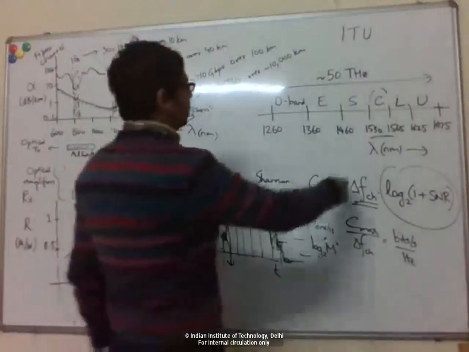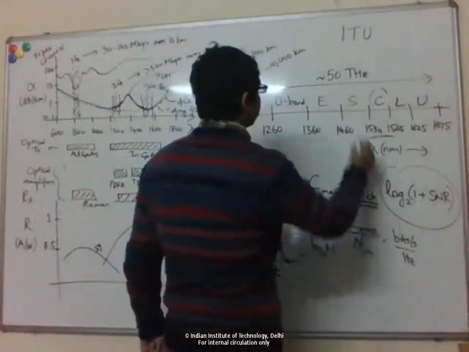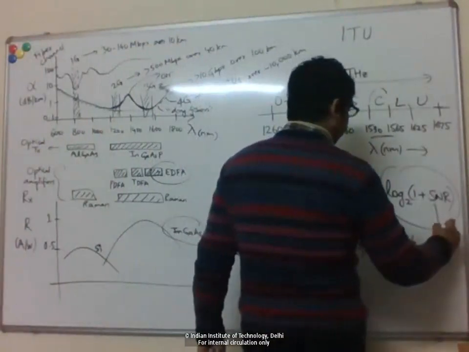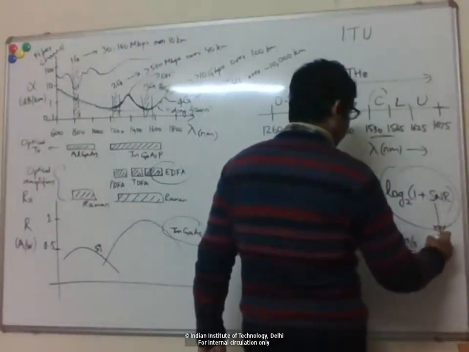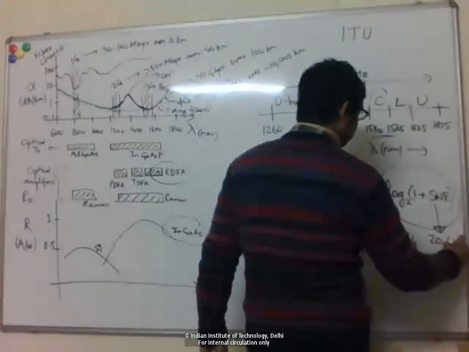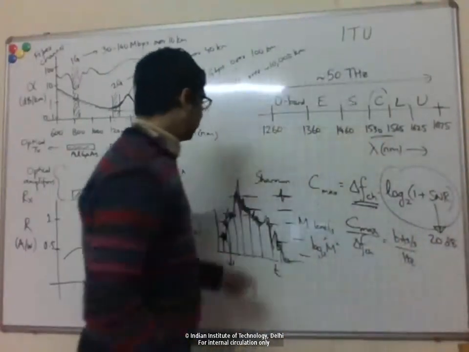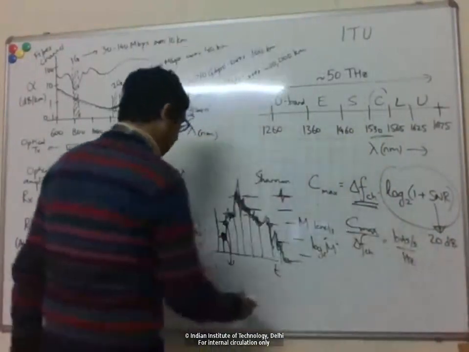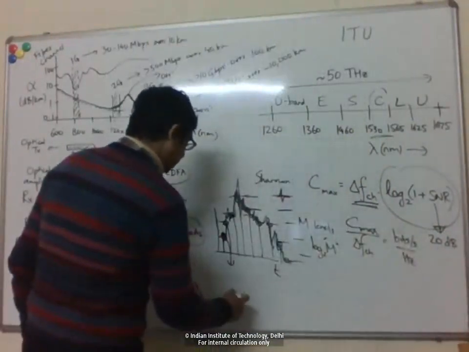Okay, anyway, so if you put the numbers here, delta F channel is 50 terahertz. We put some typical number. Let's say we work at an SNR of 20 dB, which means the signal power to the noise power is 100. Hopefully you are also familiar with dB.